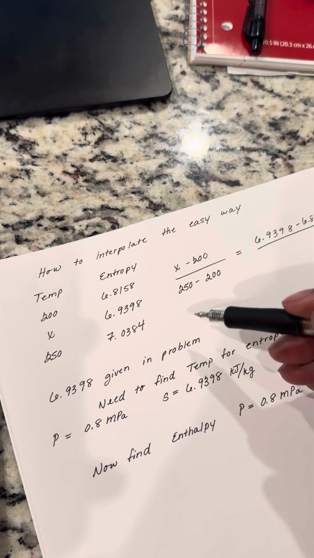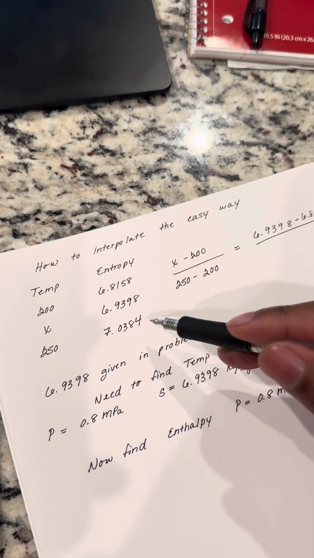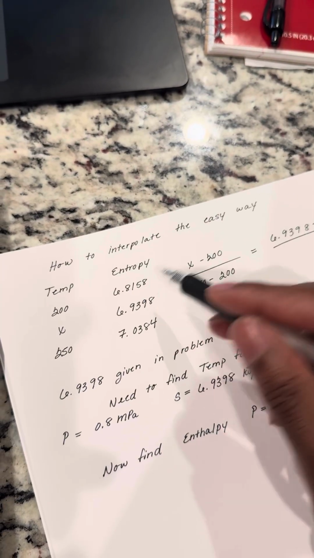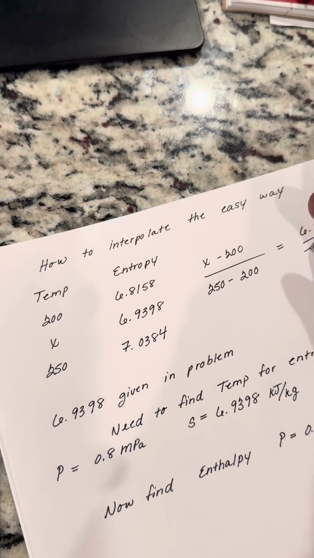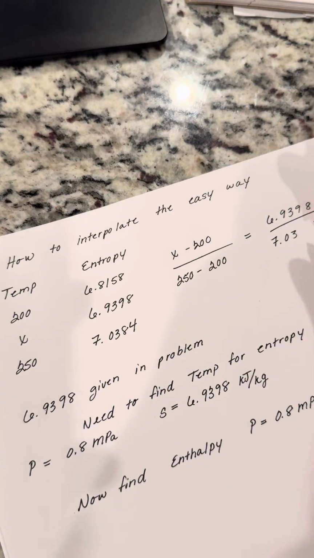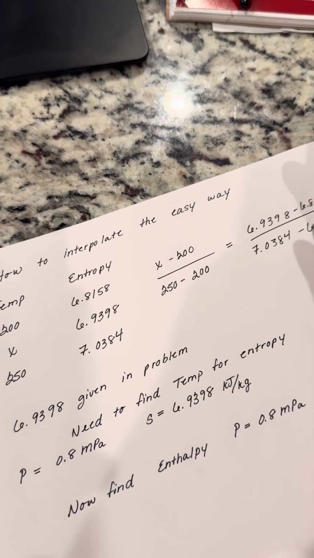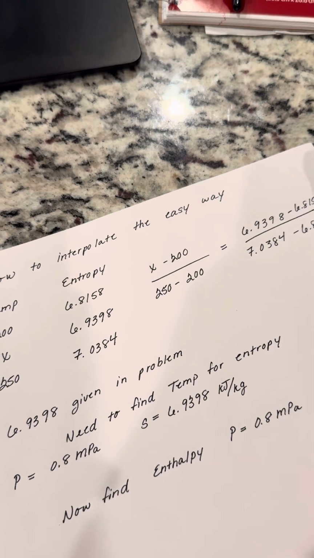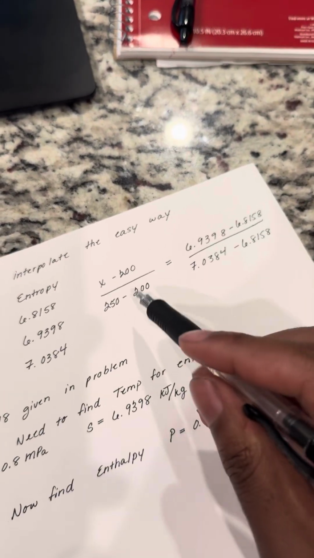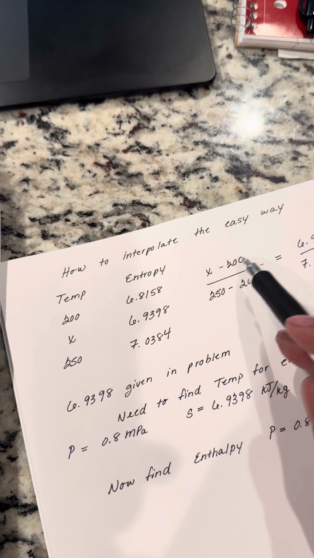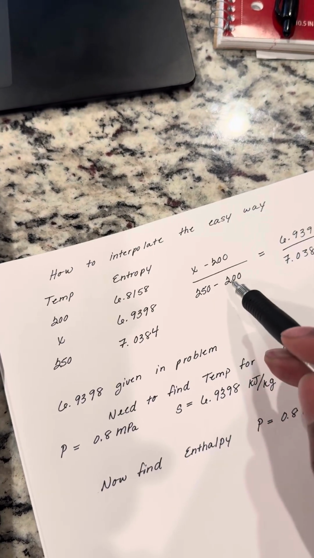Now you want to do the same thing that you did here. It'd be the 7.0384 minus the 6.8158. One thing you want to notice is that you always have the lowest value. You always subtract by the lowest value.